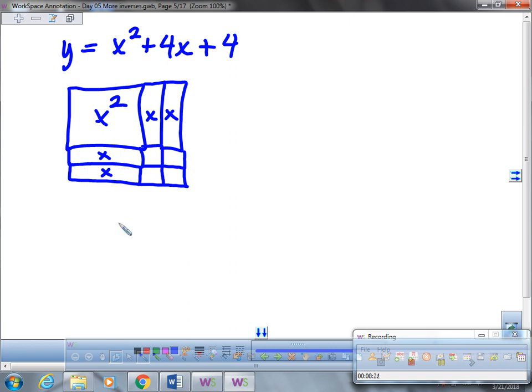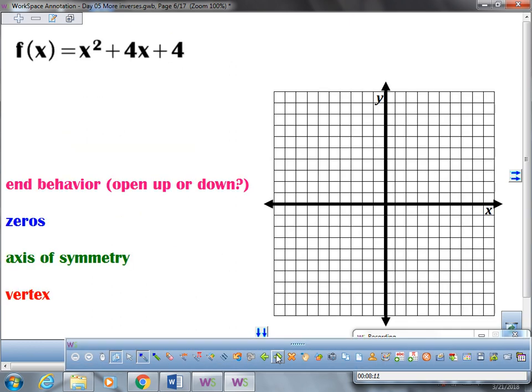So what you do is you cut the 4 in half and you square it. Whenever I see an even one right here, I should immediately ask myself, is this a perfect square trinomial? So half of 4 is 2, and 2 squared is 4. So this is a perfect square trinomial.